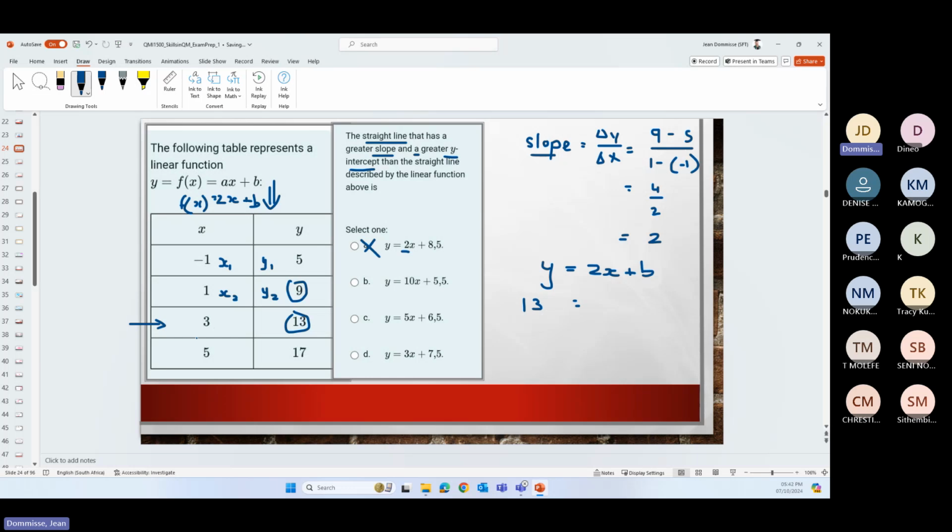That is equal to x, that is 3. So 2 times 3 plus b. So 13, this is 6. We need to take that to the left-hand side. So 13 minus 6 is equal to b. B is equal to 7.